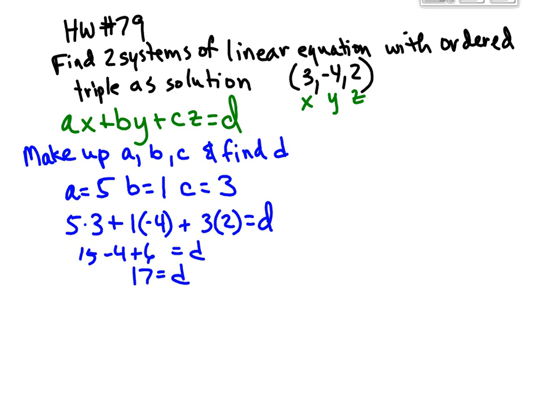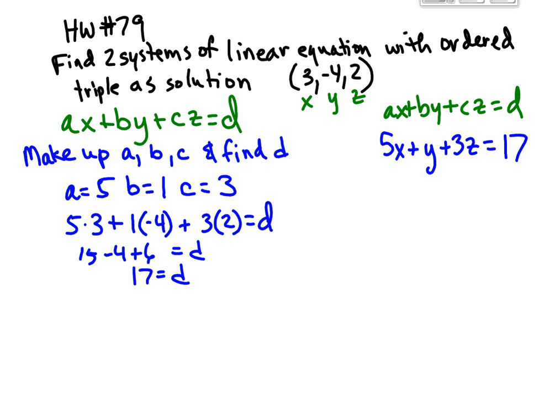So when I think of these equations, I want AX plus BY plus CZ equals D. And so I'm just going to put in my A, B, C, and D. So 5x plus 1y plus 3z equals 17. And then I just do that 2 more times, and I will have 3 equations and 3 unknowns. So this is going to be my answer, right there.